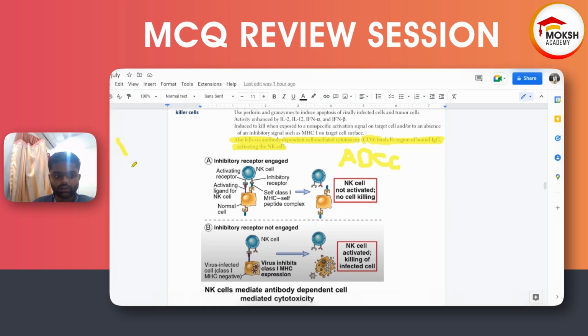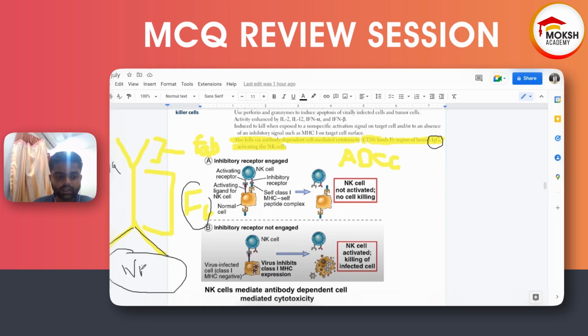Remember, this is the antibody, and these are the Fab portions, and this is the Fc portion. CD16 will bind to the IgG's Fc portion and causes activation of natural killer cells.